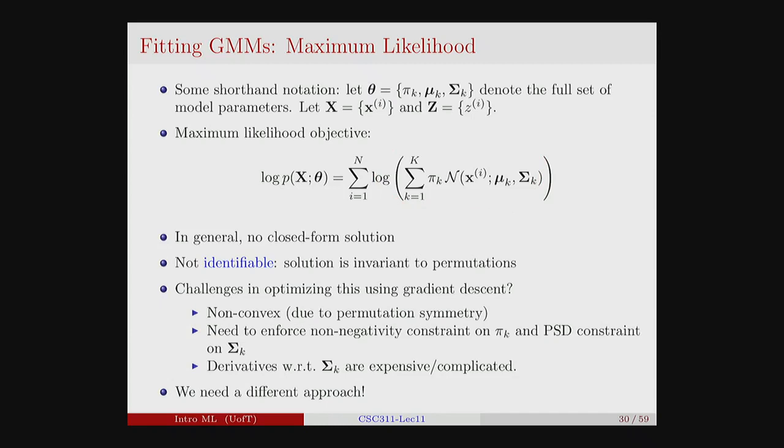Now this is problematic, because this equation has no closed form solution. So you cannot use your trick of taking derivatives and setting it to 0 anymore. What's more, the solution is not identifiable. How many of you have heard the word identifiable before?